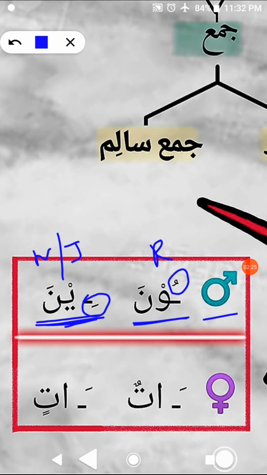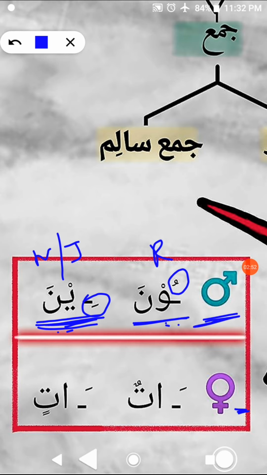Remember, these are the only two that begin with a harkat other than your fatha. Other than these two, all the suffixes are beginning with a fatha. So for rafa we have una, and for nasab and jar we have ina, masculine.